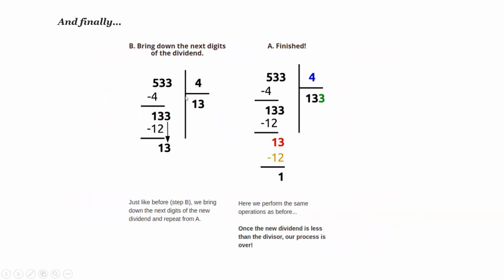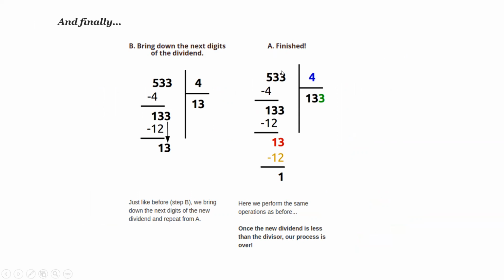So how many times 4 in this 13? Of course, it is 3 times. 3 multiplied by 4 is 12. Find the difference, 12 from 13. We take 1.